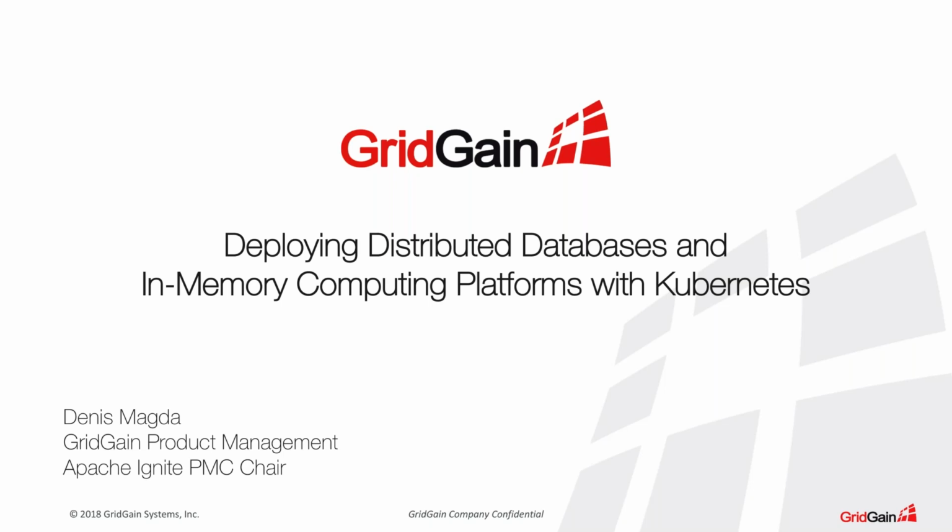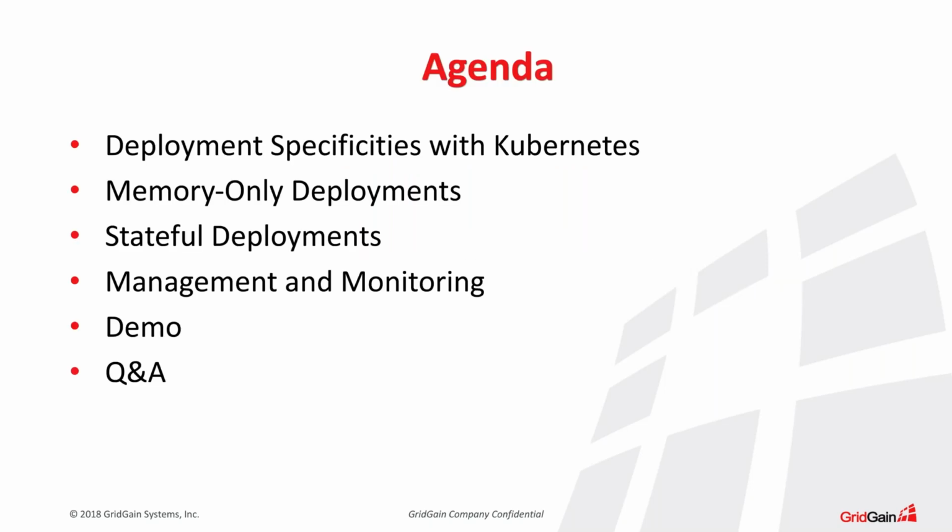So a lot of the things that we are going to mention can be generalized. Keep this in mind, but be ready that all the examples and all the materials will be covered in relation to Ignite as a distributed database and in-memory computing platform.